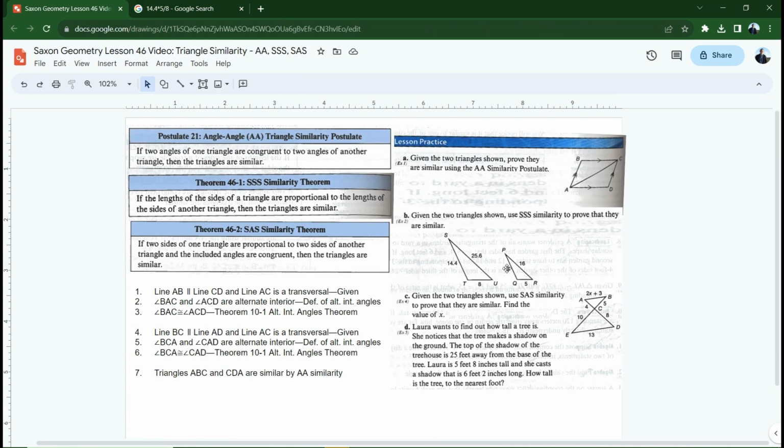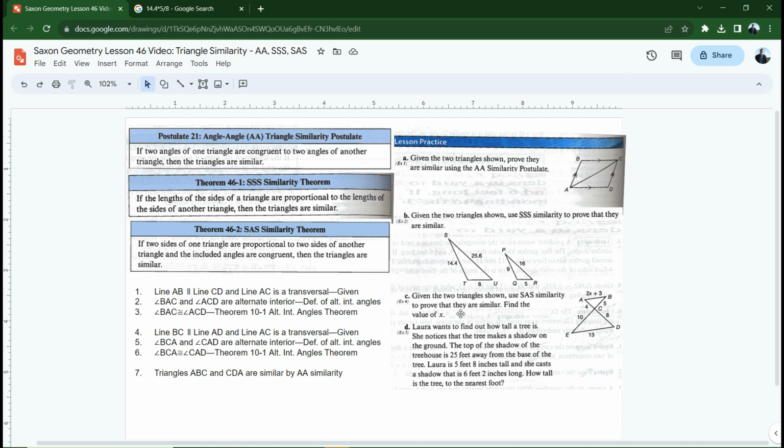And that's what it had to be. So because 8 times 5/8 is 5, 25.6 times 5/8 is 16, and 14.4 times 5/8 is 9, the three sides of these triangles are proportional. Therefore, they are similar according to the SSS similarity theorem, Theorem 46.1.